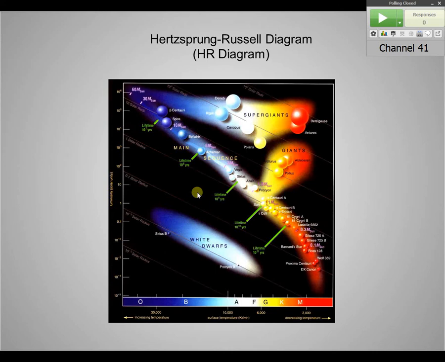Once we know the properties of a main sequence star or giant star, then if a star happens to fall at this point of the HR diagram, I can just read off, well, its radius must be whatever's along this line, its luminosity must be whatever this is, etc., etc.